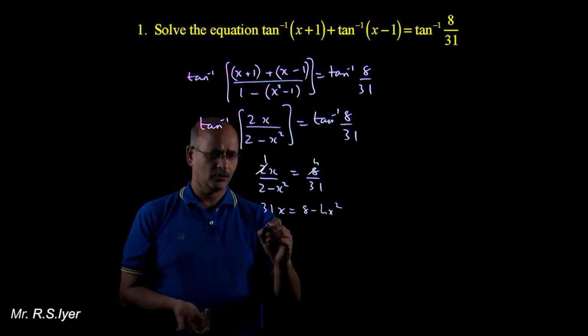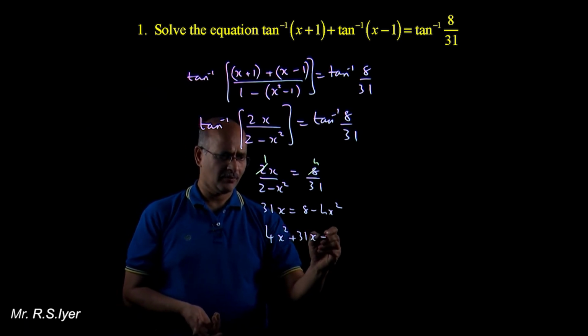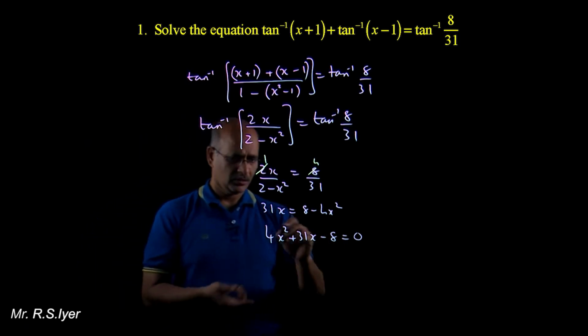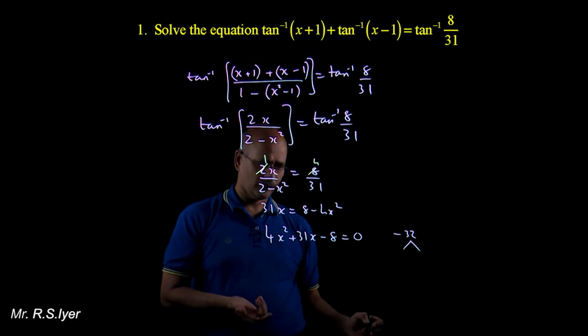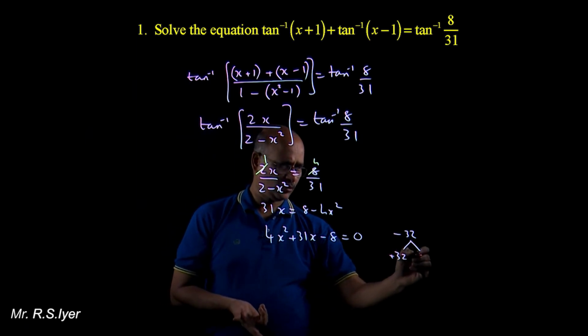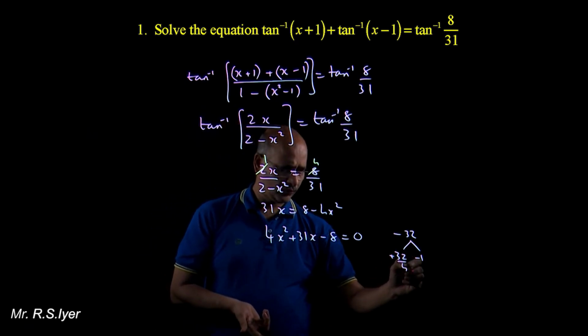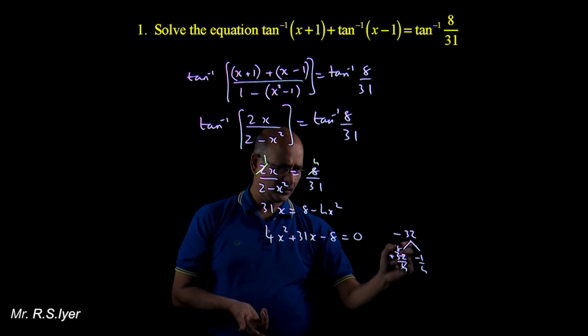So if I convert to quadratic, it is 4x square plus 31x minus 8 is equal to 0. So finally, if you look at this, I am getting minus 32 and break it up, factorization. So 32 into 1 minus 1, right? So I am doing directly here, 4 divided by 4, so 8 is right.